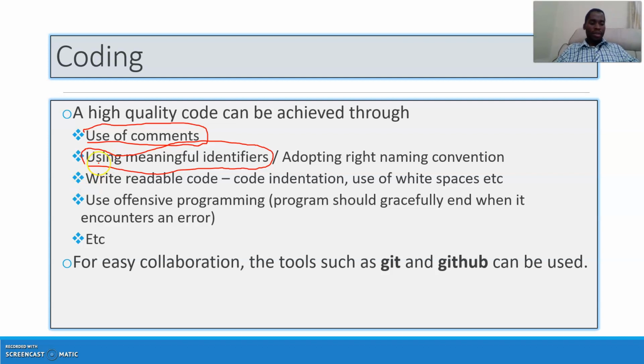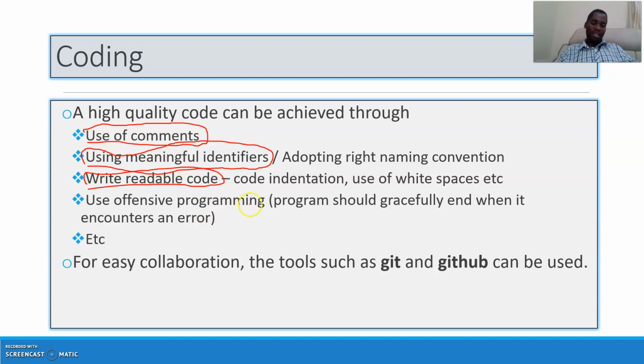And also, write readable code. There are issues to do with indentation, as we're going to see, and the use of white spaces. Your program should be legible enough. When somebody has that code, they should be able to follow through it without problems.